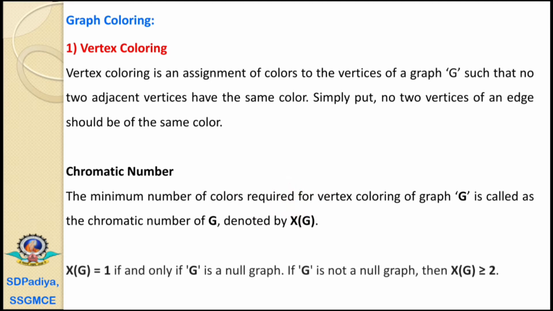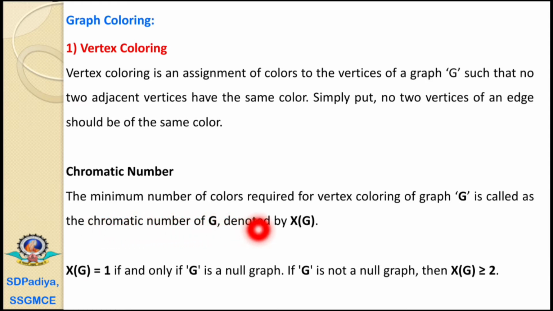If we have a null graph, then in a null graph there may be a number of vertices but they are not connected with each other. Therefore if G is a null graph, X of G is 1.